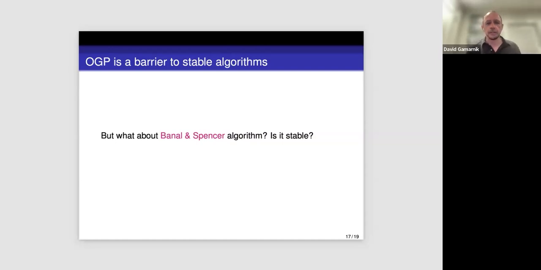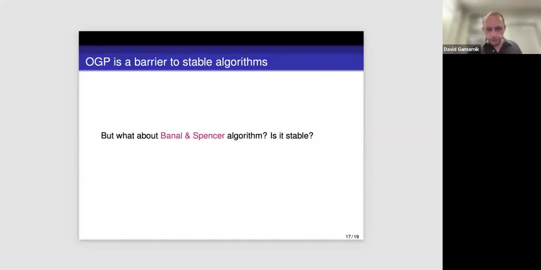Bansal and Spencer is not stable in the sense that if you change an entry of the matrix a little bit, that might have a chain of implications so that your final solution looks entirely different from the one that you had. So we were pretty despondent at that stage, thinking that, okay, then we don't have a complete theory.